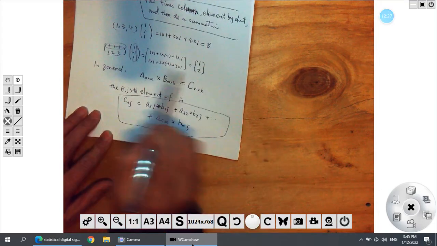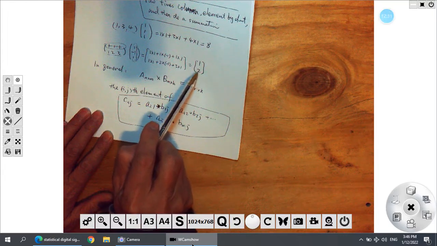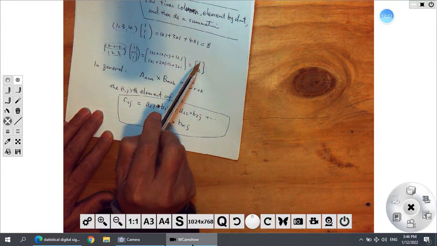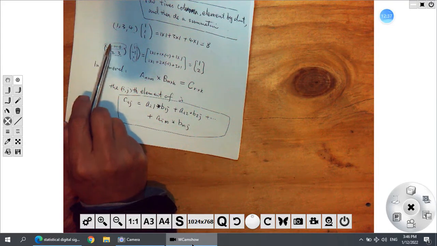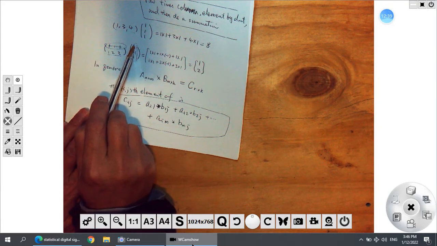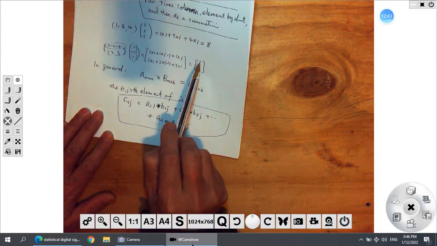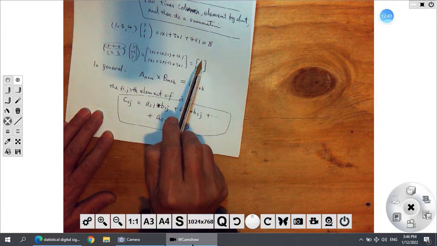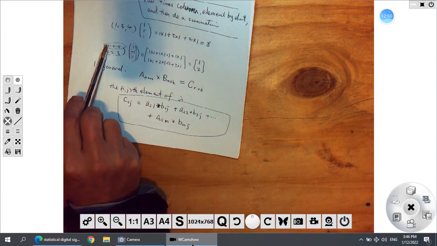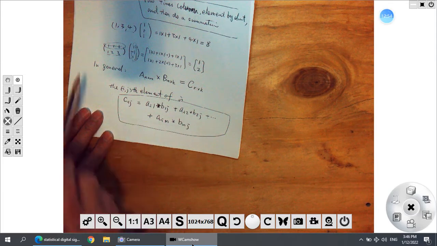Now you look at here, this is Cij, here's the C. This is C11, the first element. There we use the first row of A and the first column of B. The result is the first element of C. This is A and this is B, A times B. From A, you use the same row.